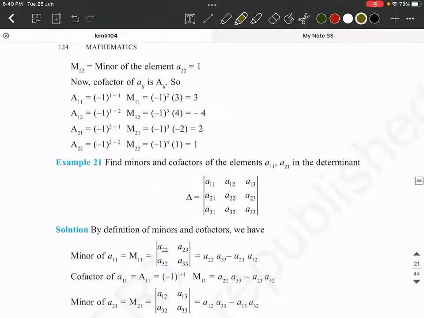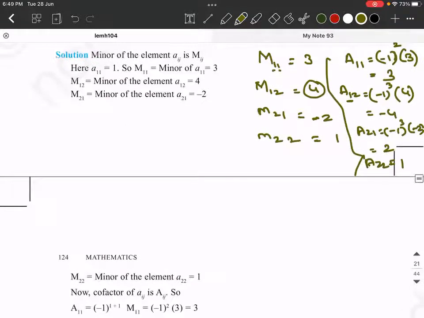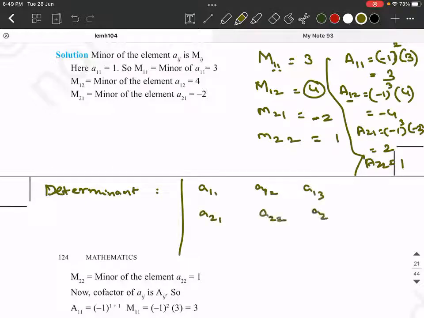Now, if I revisit the basics of what exactly a determinant means, do not look for the definition here. Listen: A11, A12, A13, A21, A22, A23, A31, A32, A33.